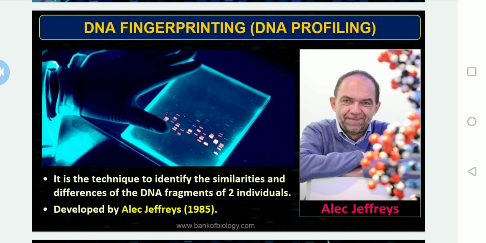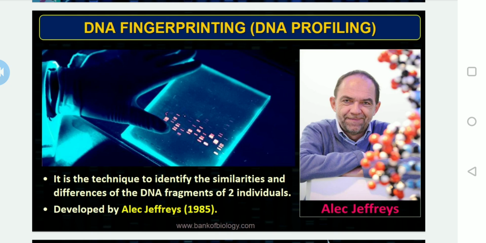The method employed in DNA fingerprinting is restriction fragment length polymorphism. They may also ask this for a 1 mark question: what is the method employed in DNA fingerprinting technology? The method employed in DNA fingerprinting is RFLP, that is, restriction fragment length polymorphism.